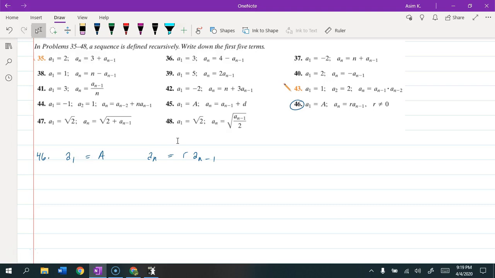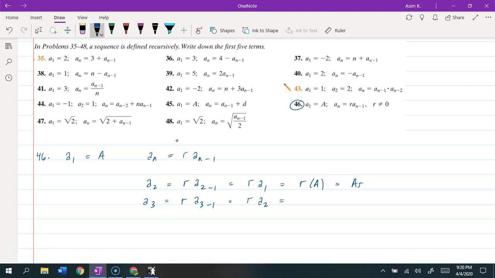So let's go to the next term, which is going to be a sub 2. So a sub 2 will become r multiplied by a sub 2 minus 1, which becomes r multiplied by a sub 1, which becomes r times a, so you could call it ar. All right, now let's go to the next one, a sub 3. A sub 3 is r times a sub 3 minus 1, which is r times a sub 2.